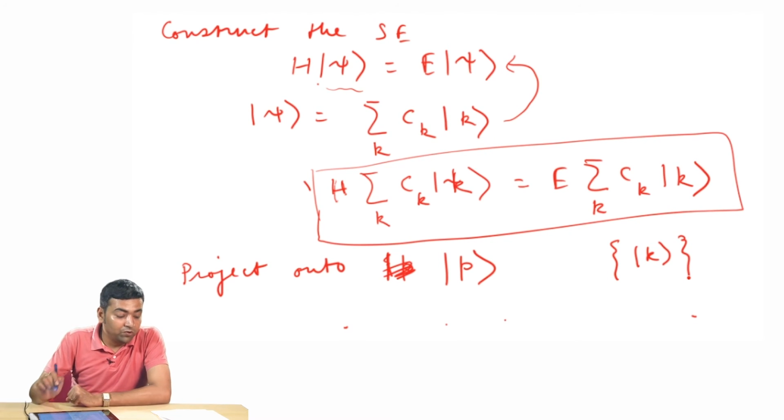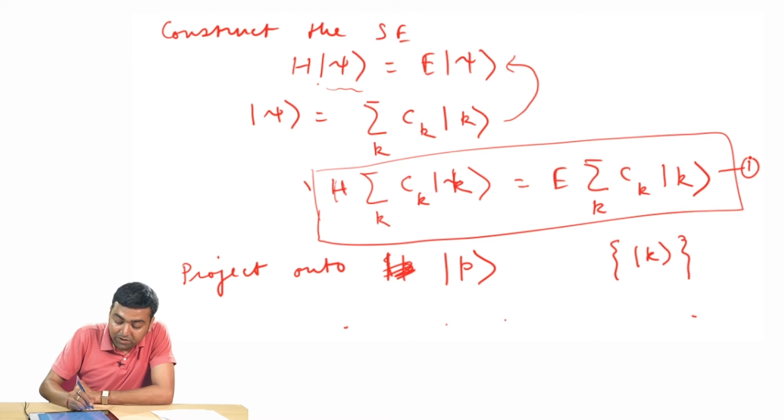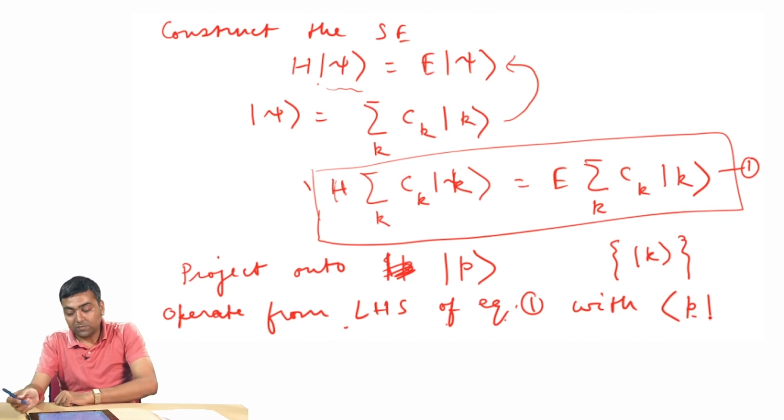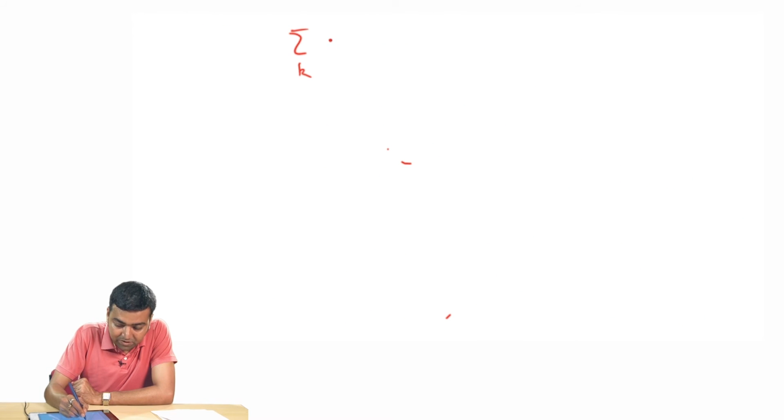If we do the projection, if I call this equation 1, we need to operate from the left hand side of equation 1 with P. Let me write down the equation once again.